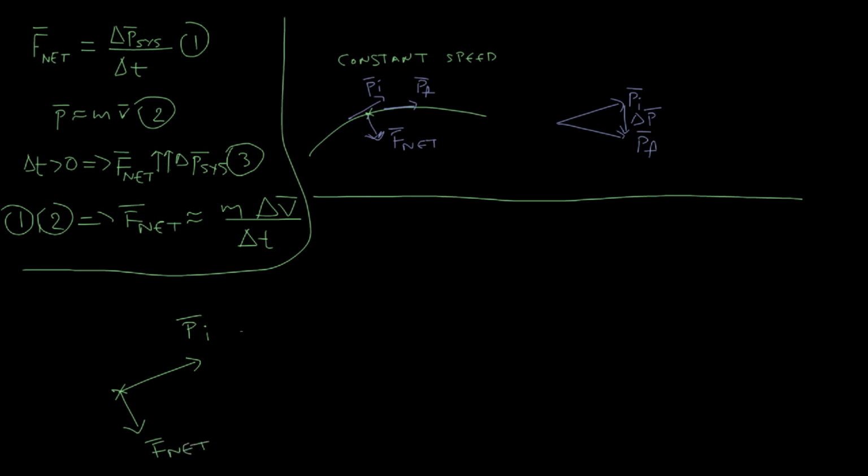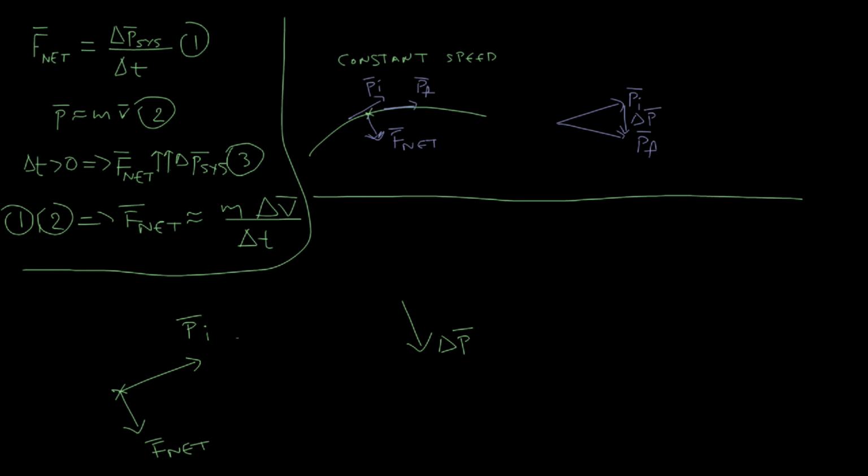Is it possible to obtain an estimate for the final momentum of the system, where the object will be after some time? According to Newton's second law, the net force and the change in momentum point in the same direction. So, if this is the direction of F net, then I know that this is also the direction of the change in the momentum.